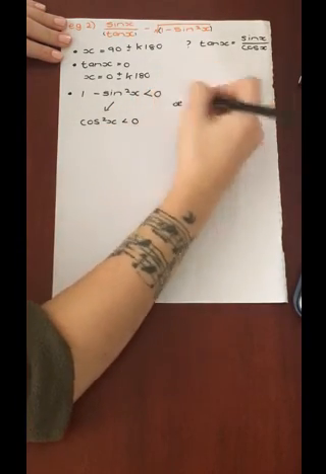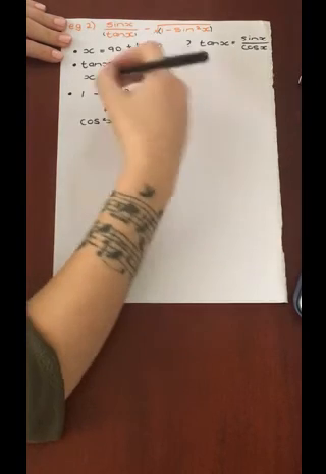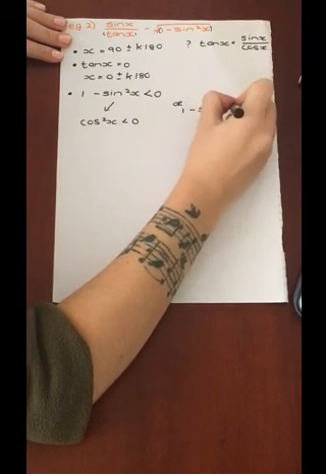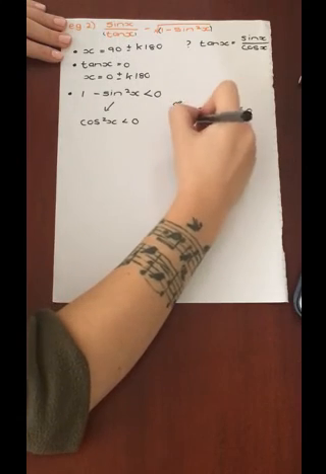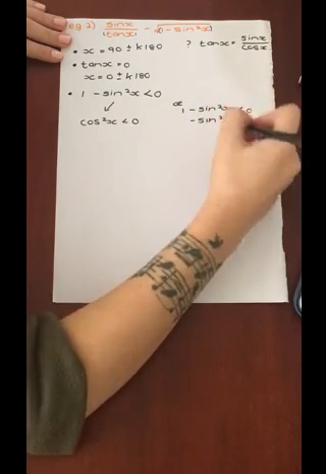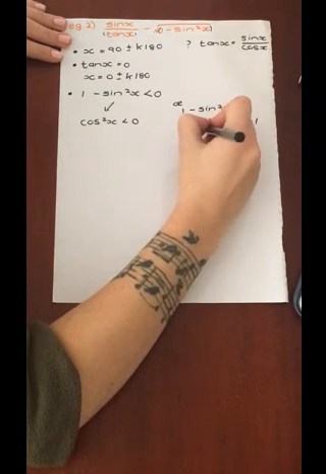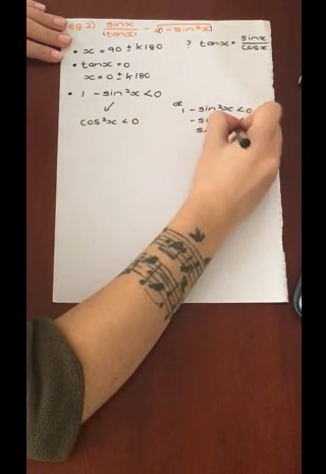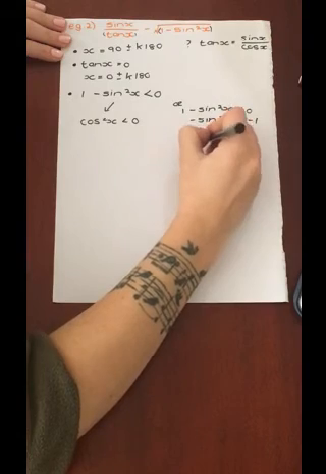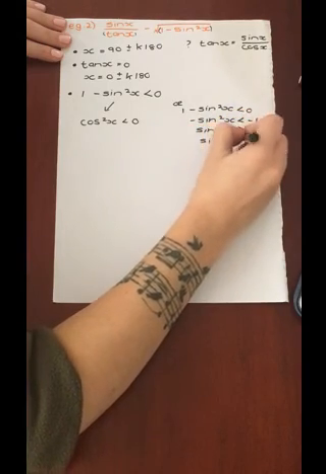Or, okay, you solve it this way. So 1 minus sine squared x smaller than 0, take the 1 over, so it's smaller than negative 1. Divide everything by negative 1, so sine squared x is larger than 1. If you wanted to square root both sides, you get sine x larger than 1.